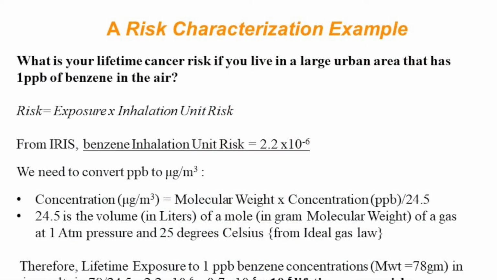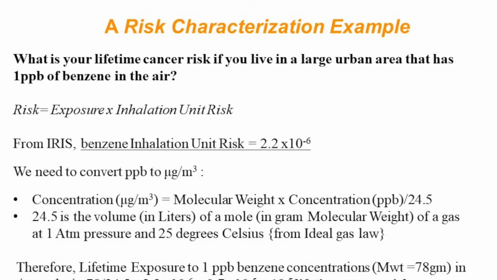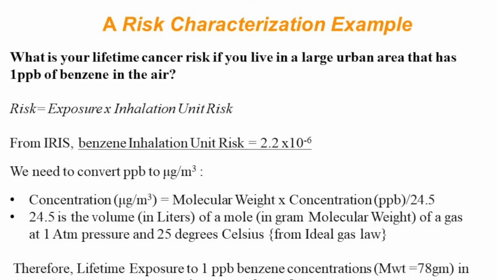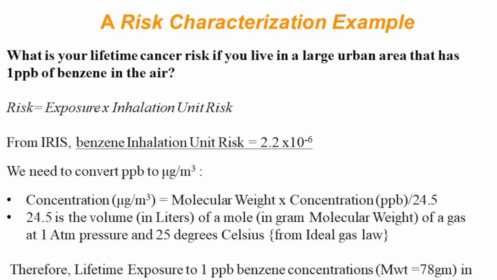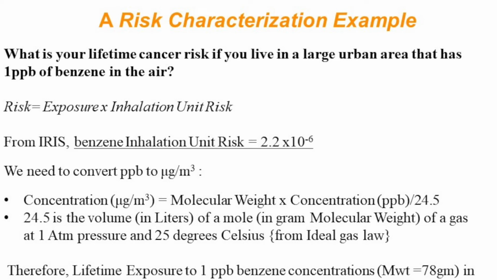Using the above equation that we just did, 78 divided by 24.5 gets it into units of microgram per cubic meter, times the IRIS factor, 2.2 times 10 to the minus 6 per microgram per cubic meter, gives you a number of 0.7 times 10 to the minus 5, or roughly 10 to the minus 5 lifetime cancer risk, or 1 in 100,000.